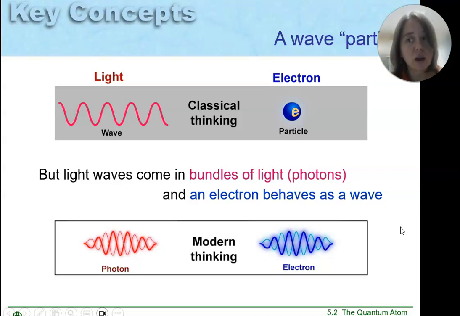Light is a wave, but also it travels in packets of light, like bundles of light, photons. You can only have a whole number multiple of a certain number of photons. You can't have half a photon. And electrons often behave like waves. So it's more like this.